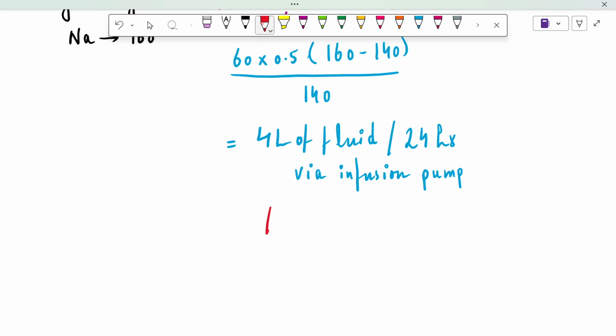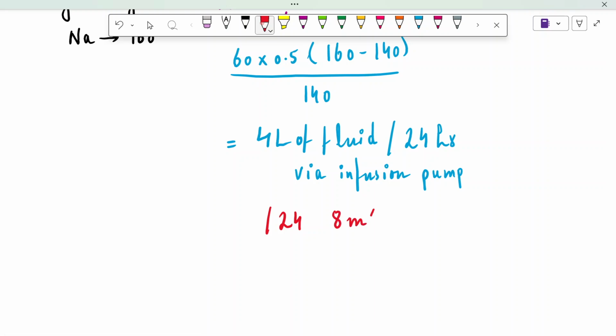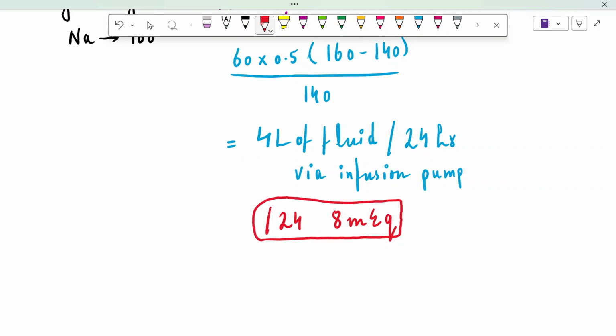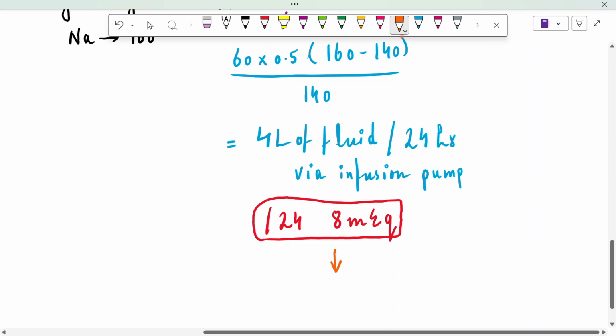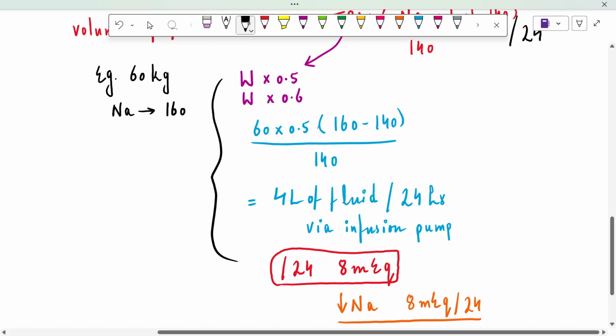Per 24 hours we can only decrease by 8 milliequivalents; we cannot decrease more than 8 milliequivalents per 24 hours in hypernatremia as well, and in hyponatremia we can only increase by 8 milliequivalents per 24 hours. That's the thing we need to remember, although it's not asked in the exams, it is worth mentioning for the application of the formula.